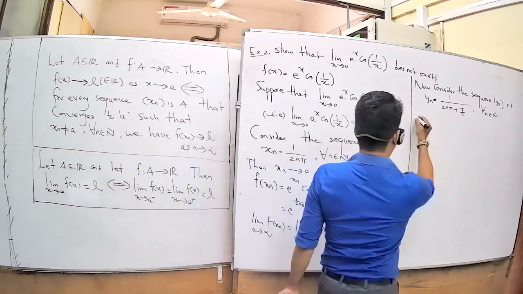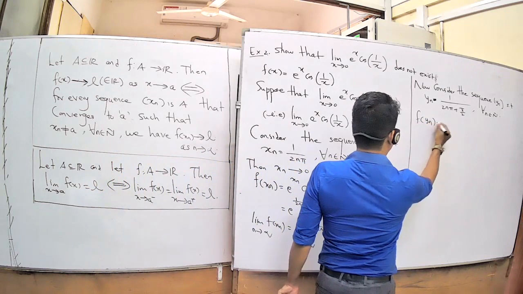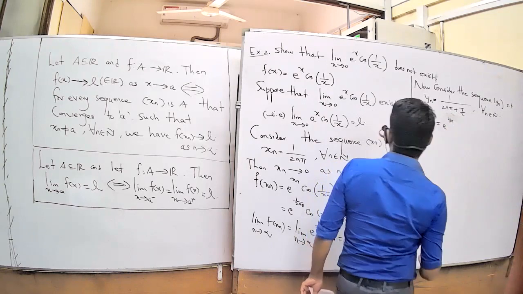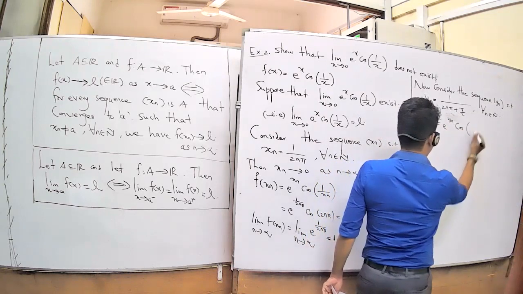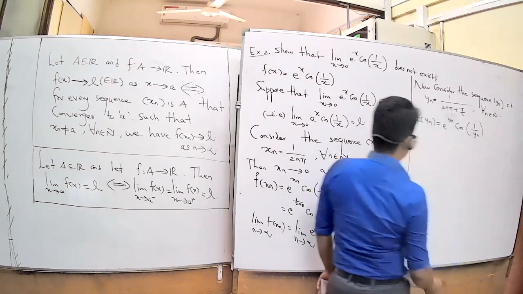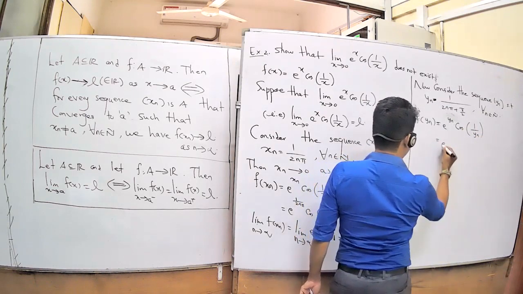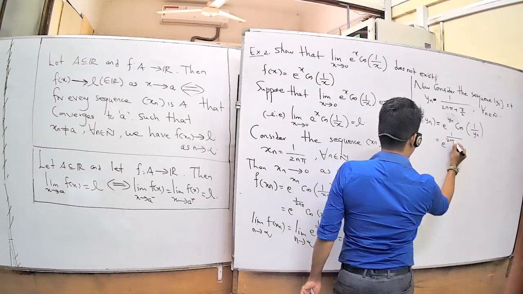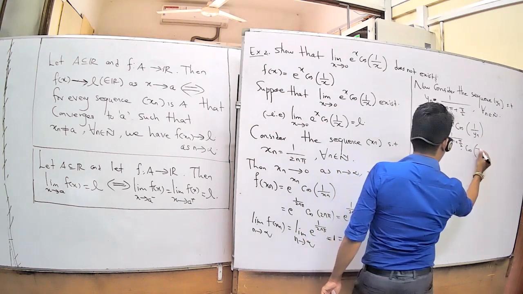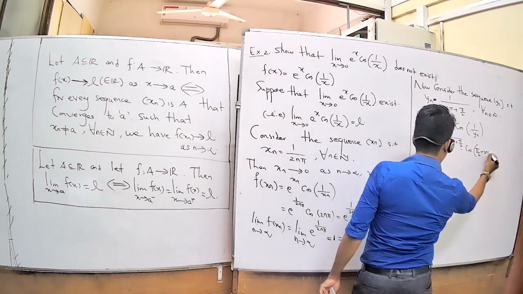Now your f of yn equals e power yn cos 1 over yn. Now you put this value: e power 1 over 2n pi plus pi by 2, cos of pi by 2 plus 2n pi.